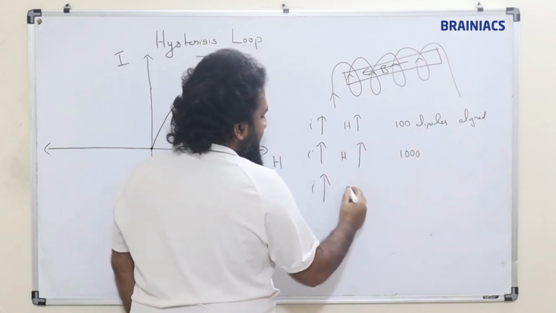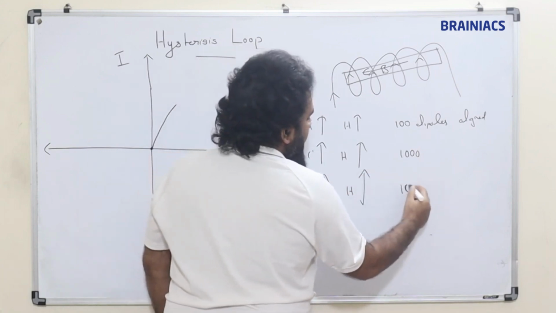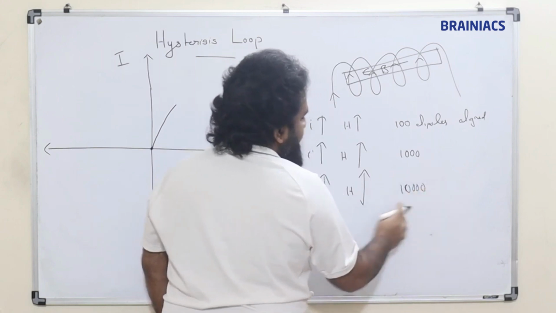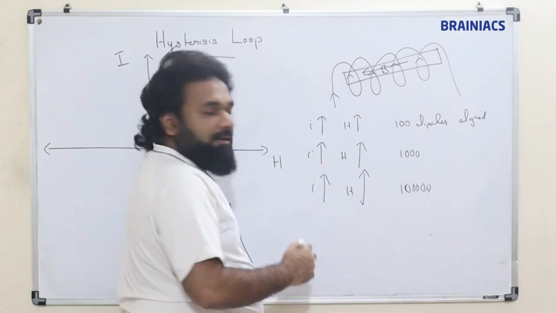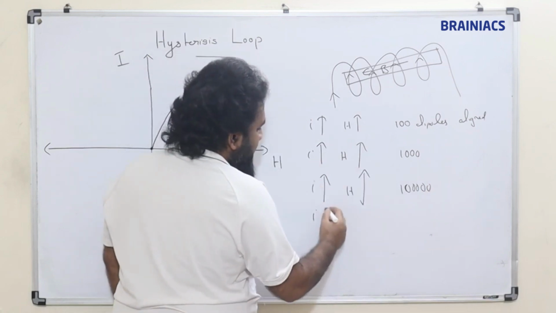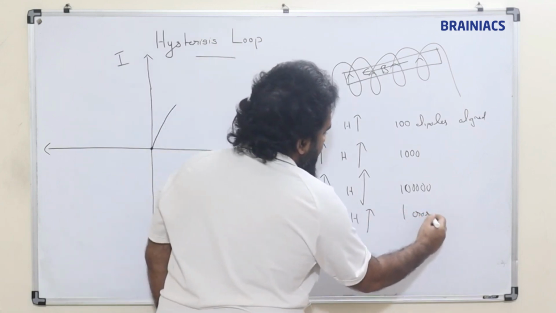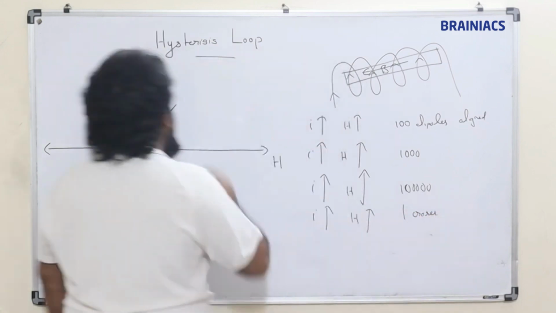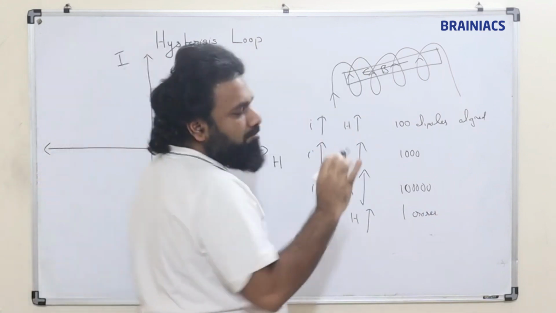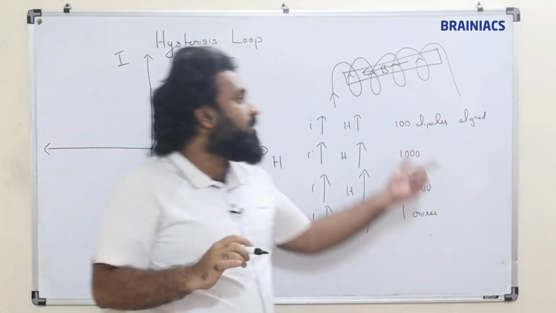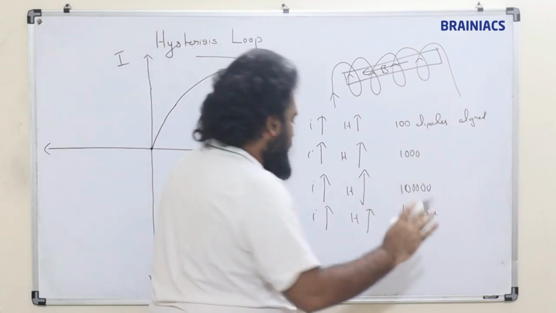Increasing again, maybe 1 lakh dipoles are aligned, then 1 crore. Finally all the magnetic dipoles are aligned, with no more to go.